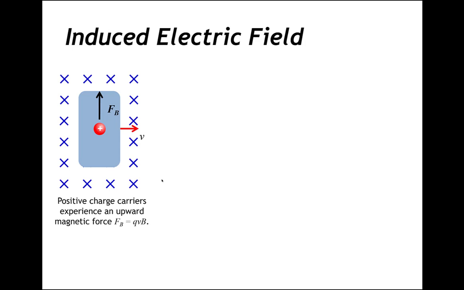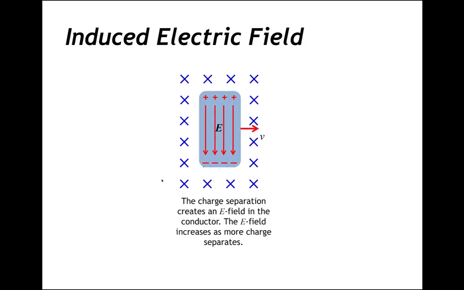If we just follow the journey of the positive charge carriers, we know that it experiences a magnetic force whose magnitude is just the product of its charge, its speed, and the magnetic field. Due to the magnetic forces on the positive and negative charges, we saw that those charges separate, creating an electric field due to their separation.